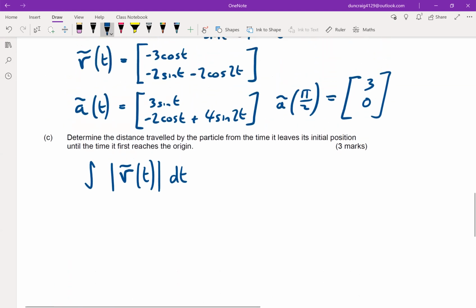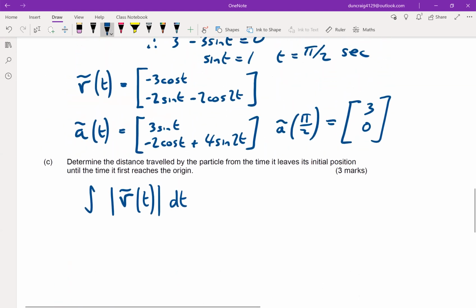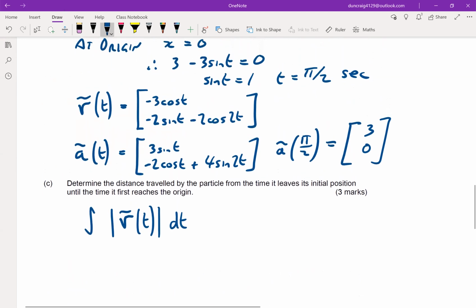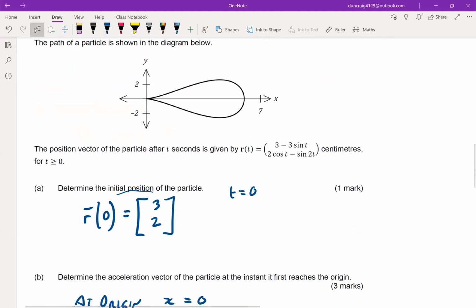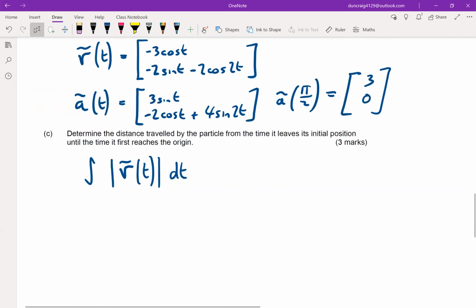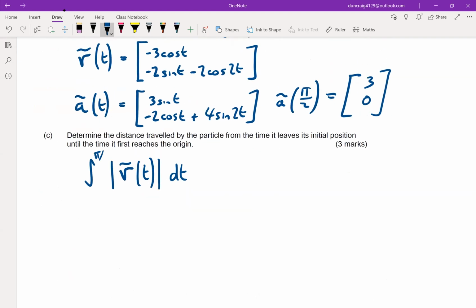So from 0 to pi over 2 seconds, that'll give us that particular value.